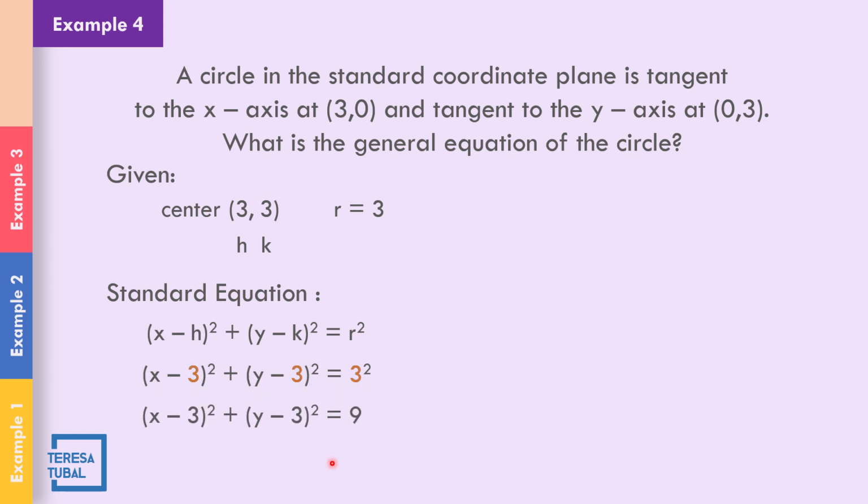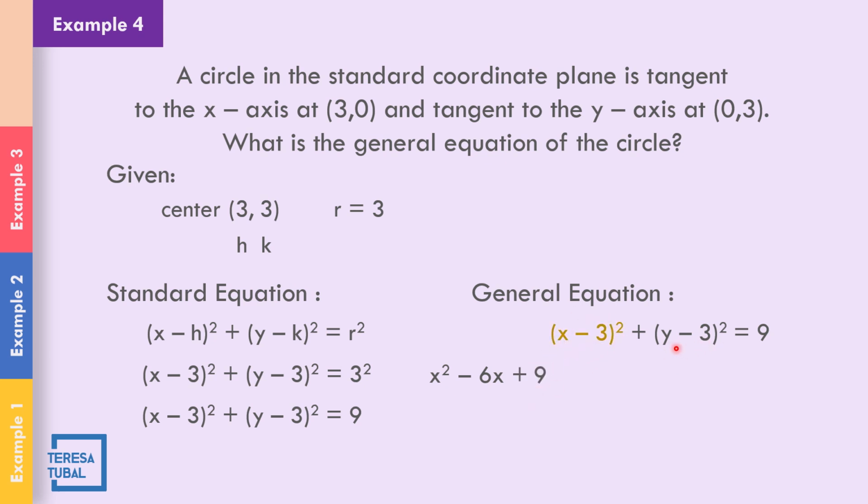Copy the left side, and then 3 times 3, the answer is equal to 9. But then we need to identify the general equation of the circle. So let us proceed solving. We need to distribute the quantity x minus 3 squared. So x times x is x squared, 2 times x is 2x times negative 3 is negative 6x, negative 3 times negative 3 is positive 9.